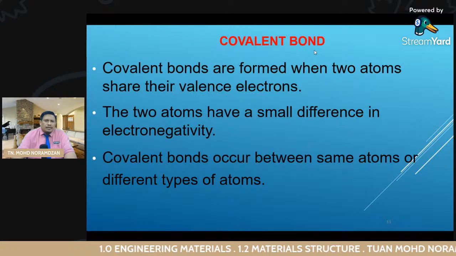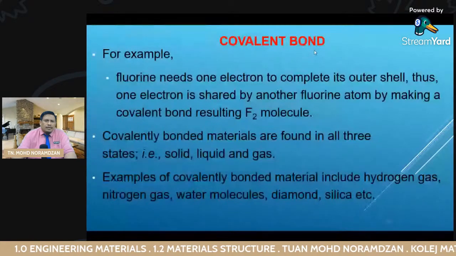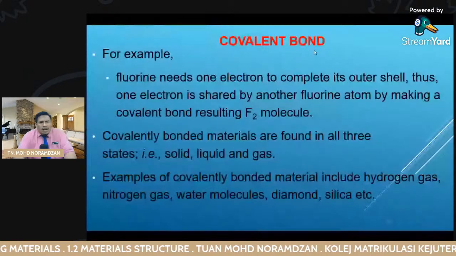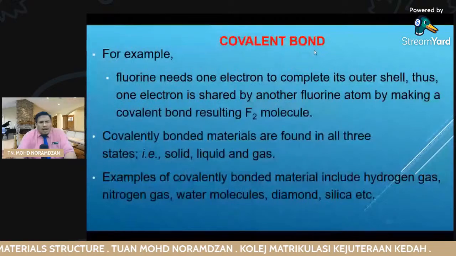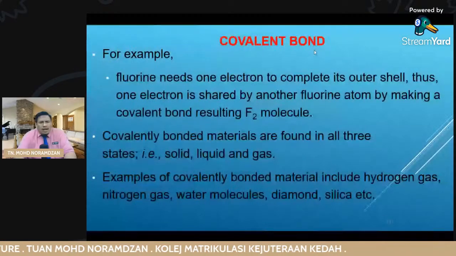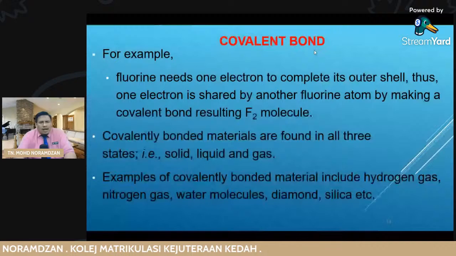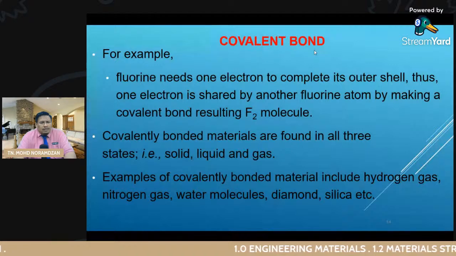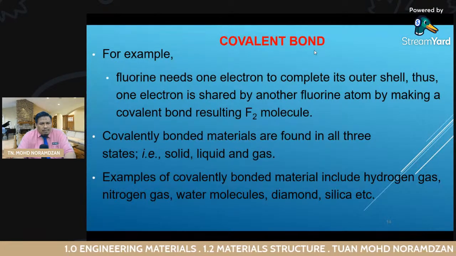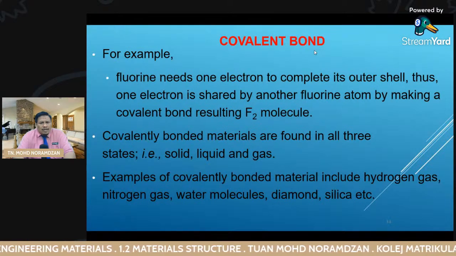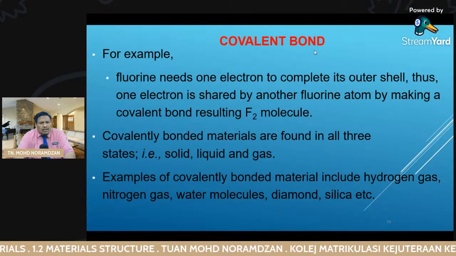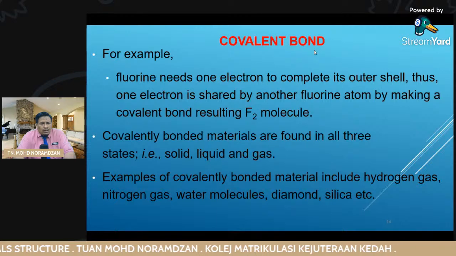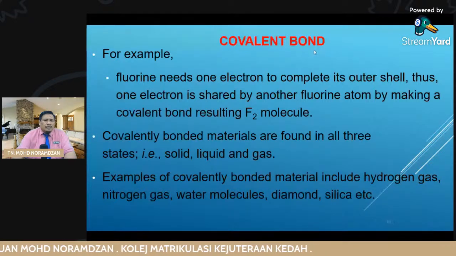For example, fluorine needs one electron to become stable by making a covalent bond, resulting in F2 molecule. Covalently bonded materials are found in all three states: solid, liquid, and gas. Examples include hydrogen gas, nitrogen gas, water molecule, diamond, silica, and etc.